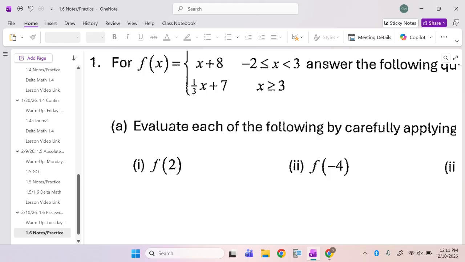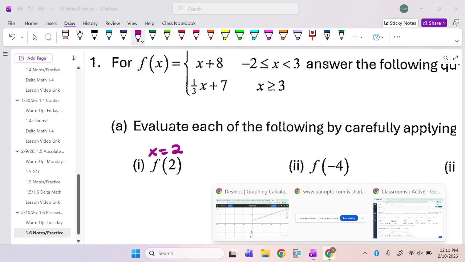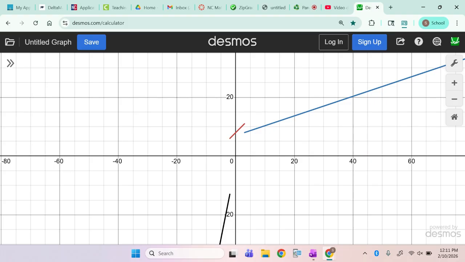Which value are we finding? We're finding where x is what? x is equal to 2. Now, if we go back and look at the graph, if we want x equal to 2, do you think I'm going to plug that into every single piece of this function? No. Why do you think so?